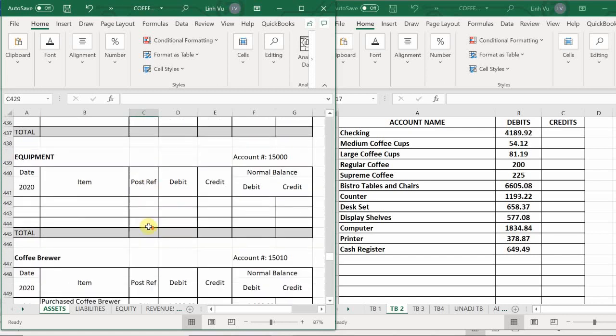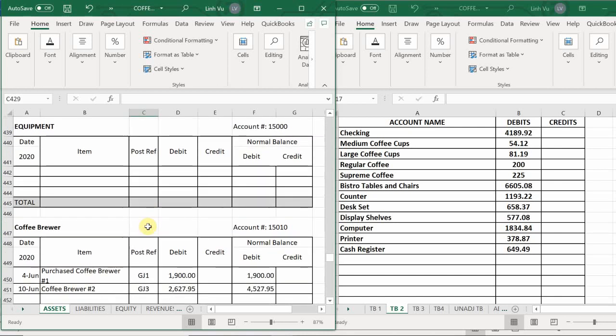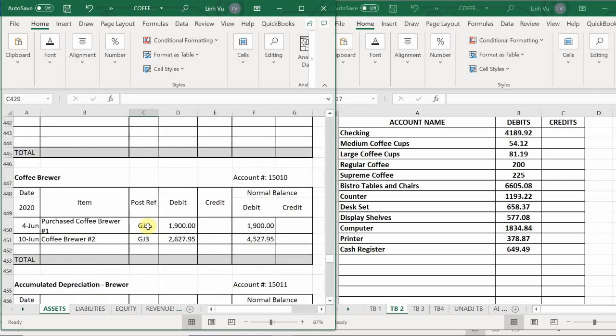Right? We have equipment. So in this case, our first equipment is the coffee brewers. So right now, we have 2 coffee brewers.